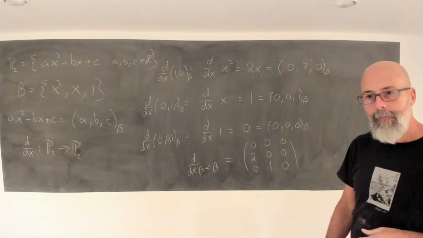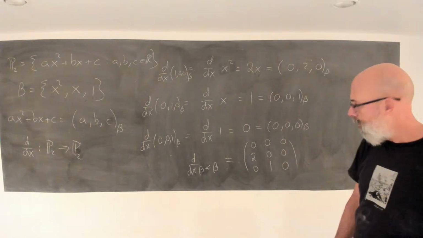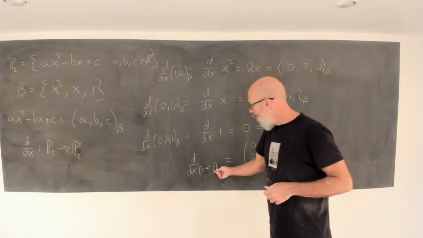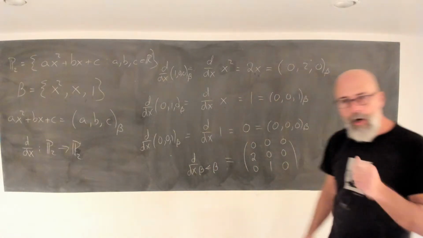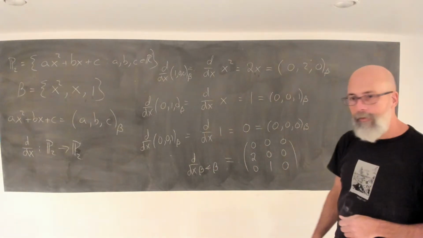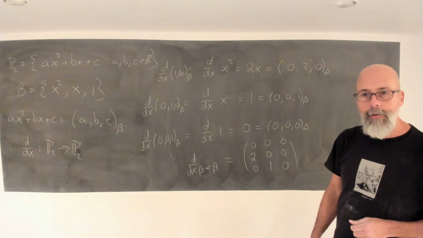There it is. This is the matrix representation, viewed as going from the basis B to the basis B, of the derivative transformation.